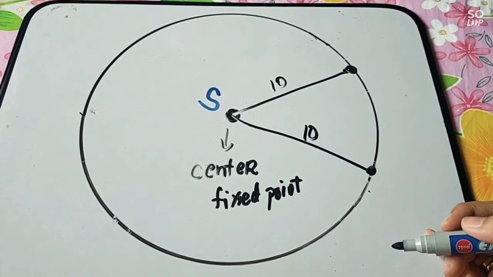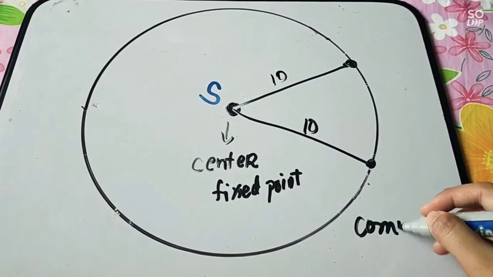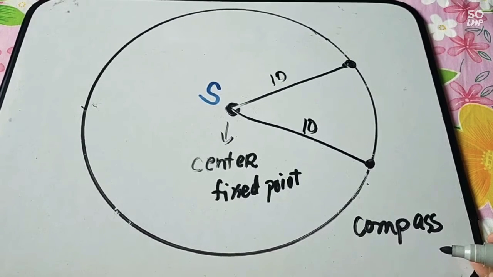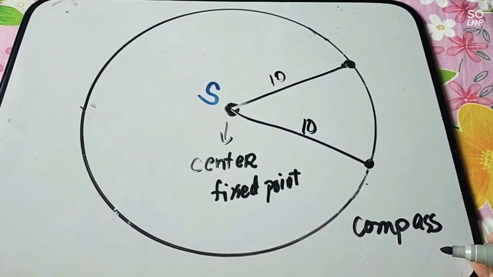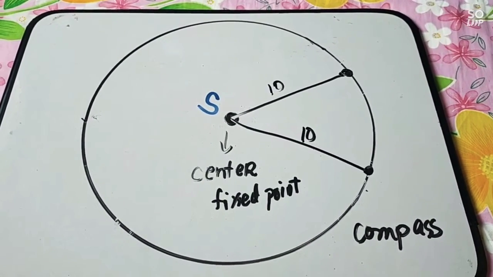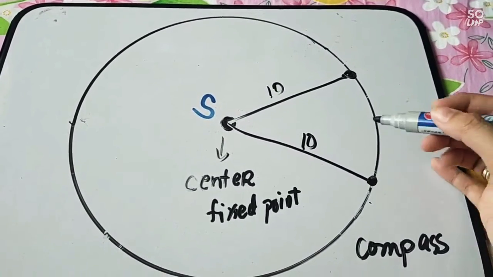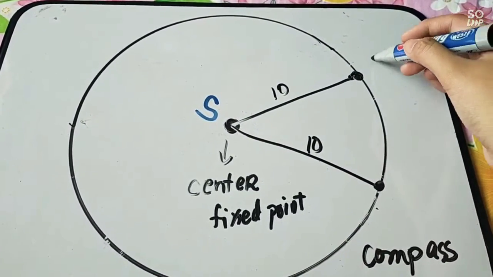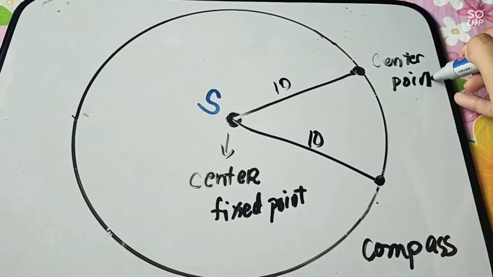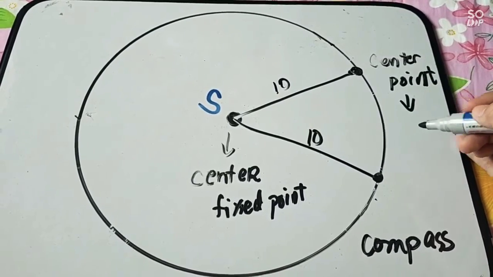Okay? So, how will you create a circle? You can create a circle using a compass. Si compass is an instrument for us to draw a circle. How will you name this circle? For us to name this circle, ang ating basihan would be the center point. This is the basis of the name of the circle.